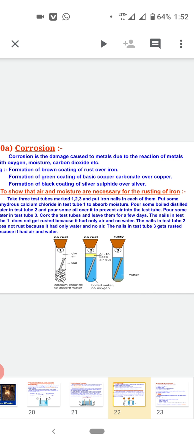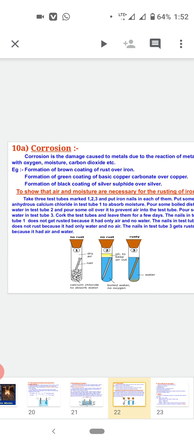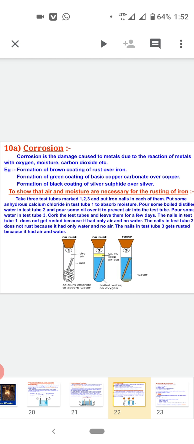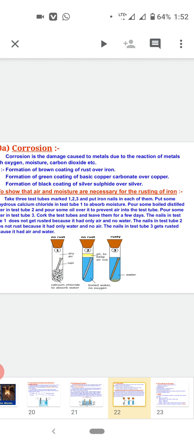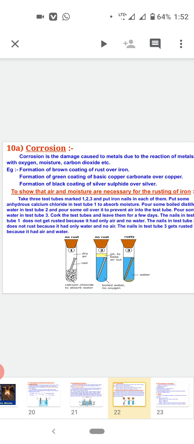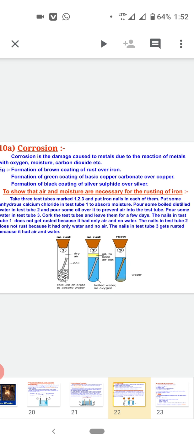First, we will perform an activity to show that air and moisture are necessary for the rusting of iron. Take 3 test tubes, mark them 1, 2, 3, and put iron nails in each of them. Put some anhydrous calcium chloride in test tube 1 to absorb moisture.